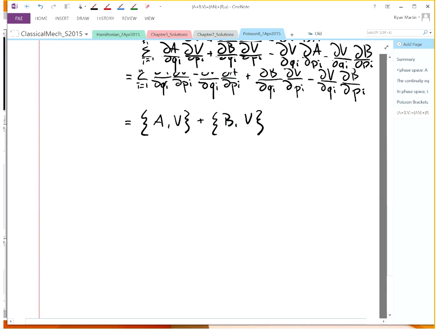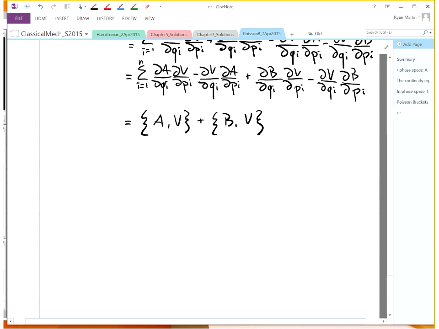So let me write down a couple more of them, particularly the ones we might be interested in using. So we also have: I take any coordinate q_i and do the Poisson bracket with another coordinate, I get 0. The coordinates themselves are functions in principle of the generalized coordinates. Right? x is a function of x and p_x. It just doesn't really depend on p_x.